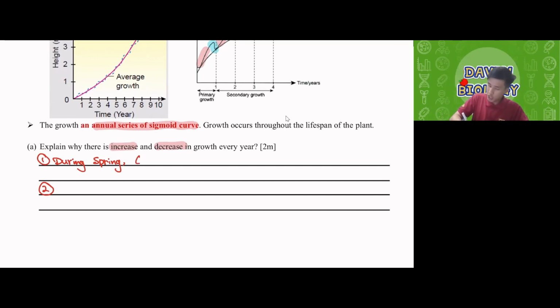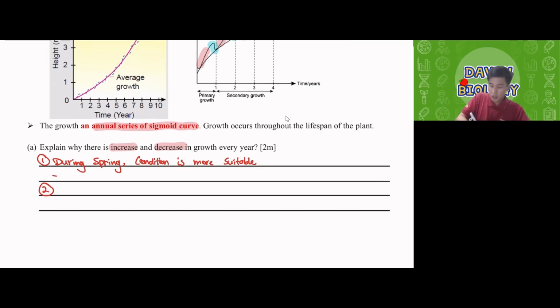So during spring, you can just say conditions are more suitable. Hence, add one more for you. You can say there is more photosynthesis and growth rate increases.